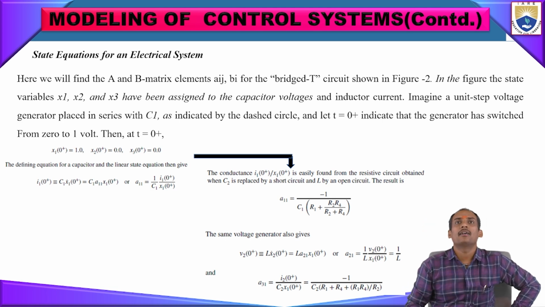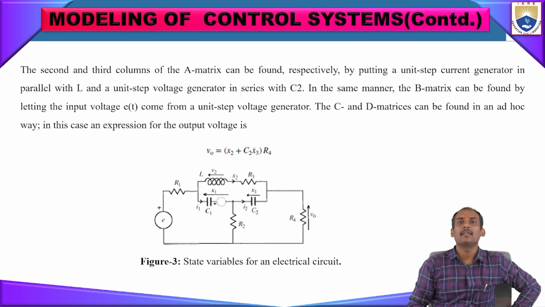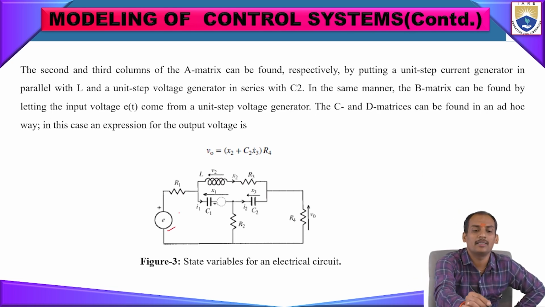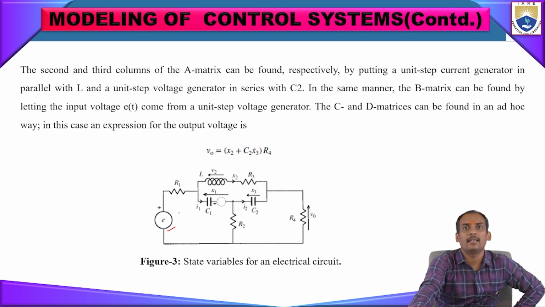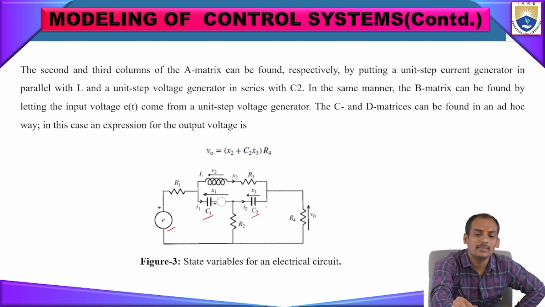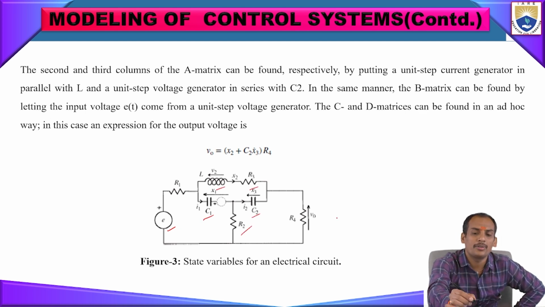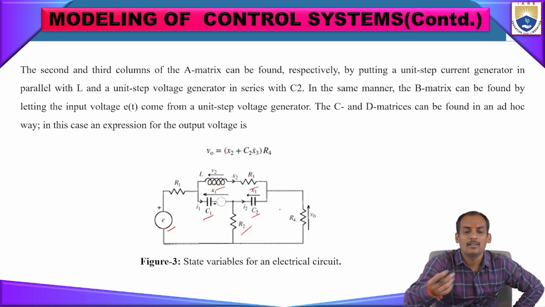Suppose now we consider an electrical system. Here the voltage source is connected through capacitors, an inductor and resistors. The capacitors C1 and C2 are there, one inductor is there, and resistors R1, R2, R3 and R4 are placed here.